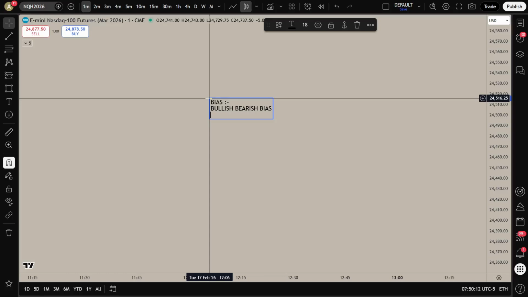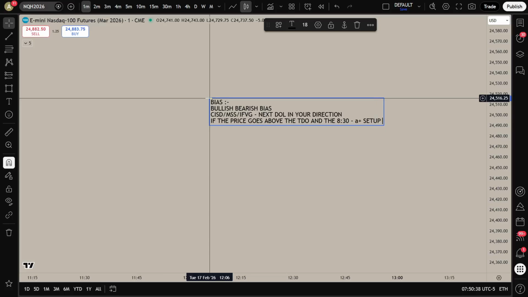So all right, this is what you want to do. You want to see an opposing run, then you want to see a CISD or MSS or IFVG for your entry, and you want to target the next draw on liquidity in your direction. If the price goes above the TDO and the 8:30, then it becomes an A plus setup.